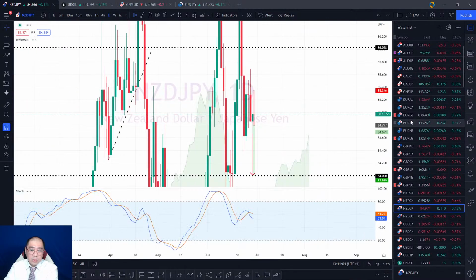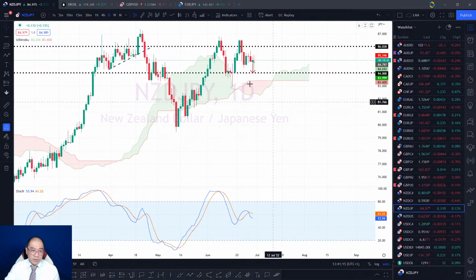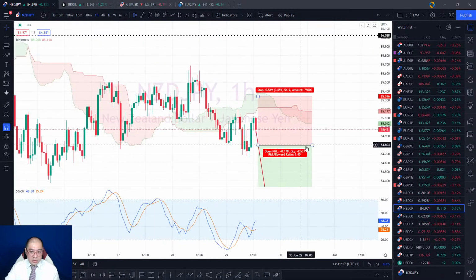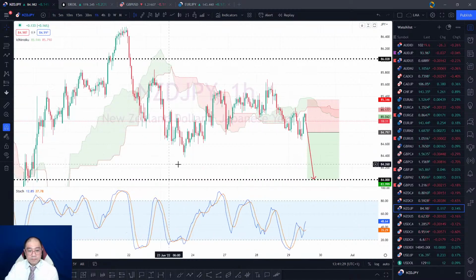The overall tone for New Zealand yen, although it's choppy, it's actually still at the upper range, right? Momentum is flat on the daily. We are trapped between 84 and 86. But if you're trading to target 84, I think that's okay. Just make sure that you have your stop loss. Is it going to get to 84 immediately? That's a tough one because before 84, we actually still have this one at around 84.40.